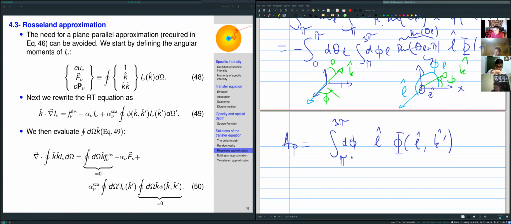But I'm stuck with this part because if this was from 0 to 2 pi, then we're set. It's the same as A, and then we have in the end that A is minus A, and so A is 0. Okay, that's where I want to get at. But we don't have that. We have that these integration limits are from pi to 3 pi, and so I think that Felipe, you're right.